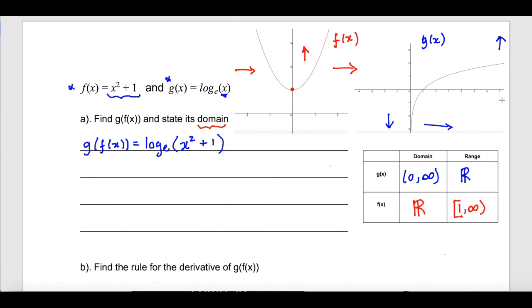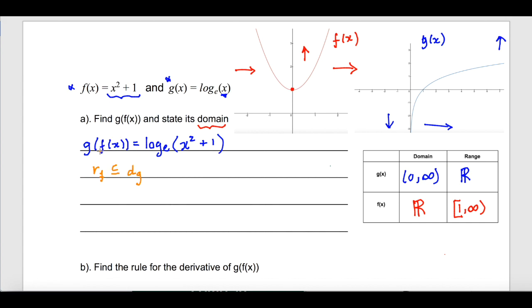Now, the next thing we need to think about, so this table is useful, the next thing we need to think about is this, and this has to be true for composite functions. The range of the inner function, so the range of f in this case, must sit within the domain of g. Have a think about why that is the case. The range of f must sit within the domain of g.